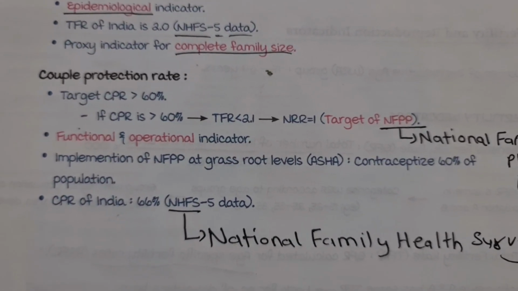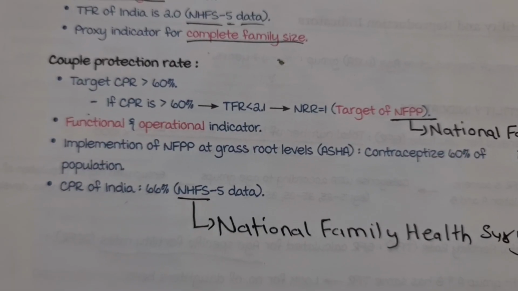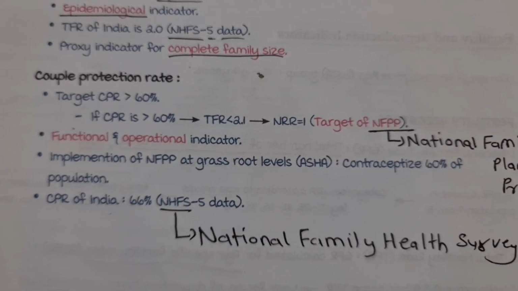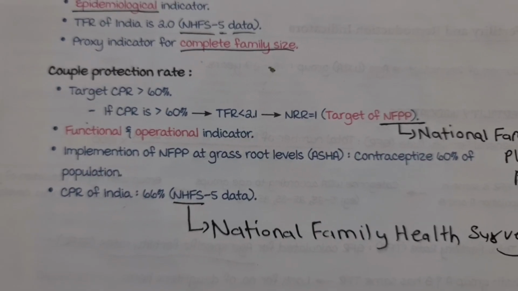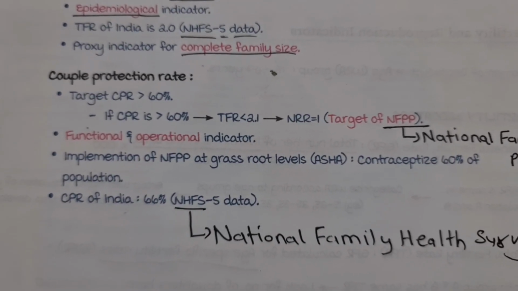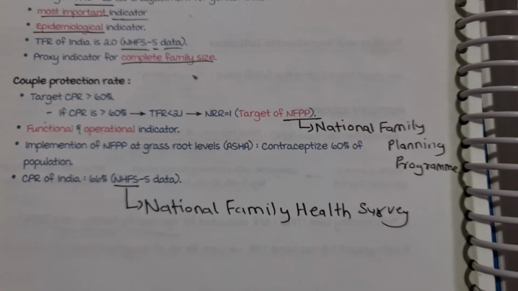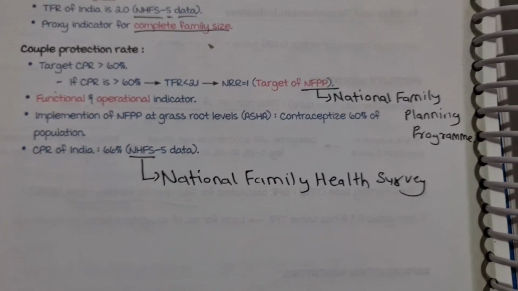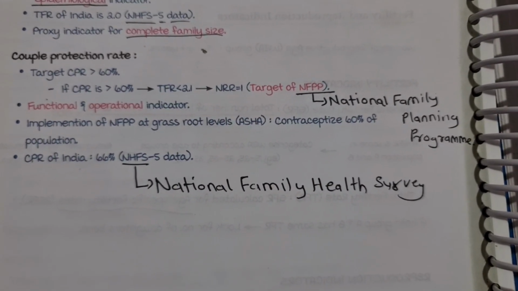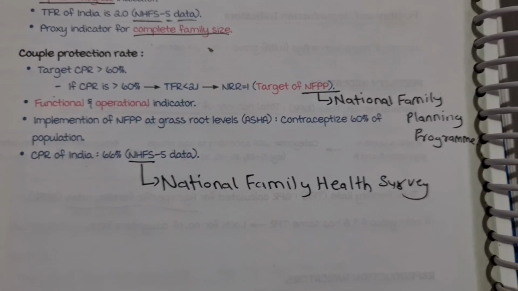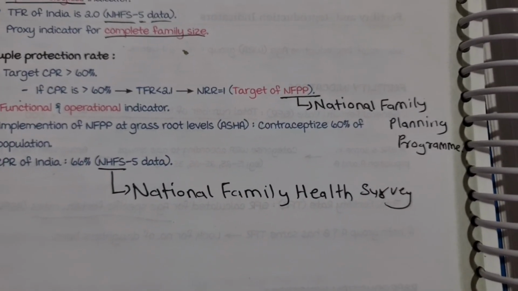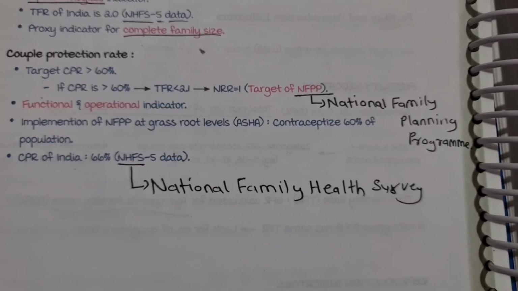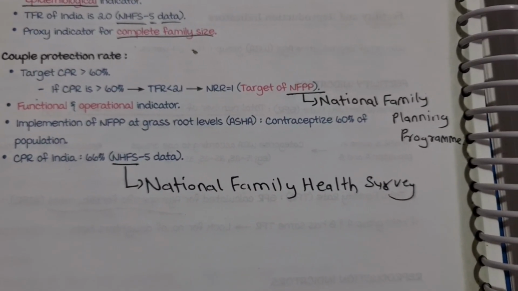If it is high, then the fertility will be low, and if the couple protection rate is low, then the fertility will be high. The target couple protection rate is more than 60%, and if it is more than 60%, then the total fertility rate will be less than 2.1, and the net reproduction rate will be 1, which denotes stability.